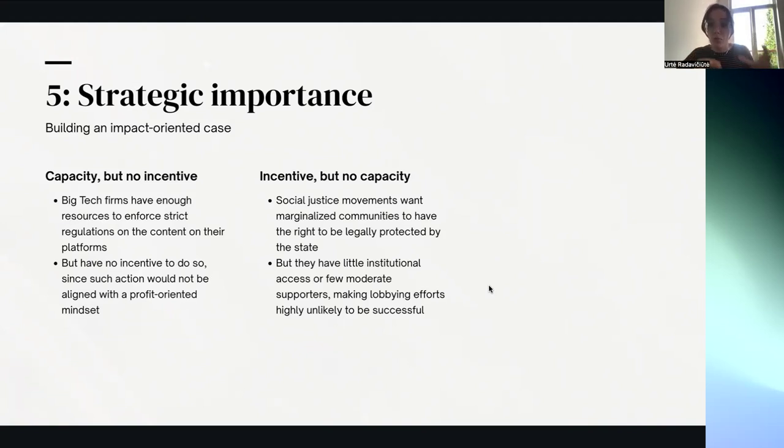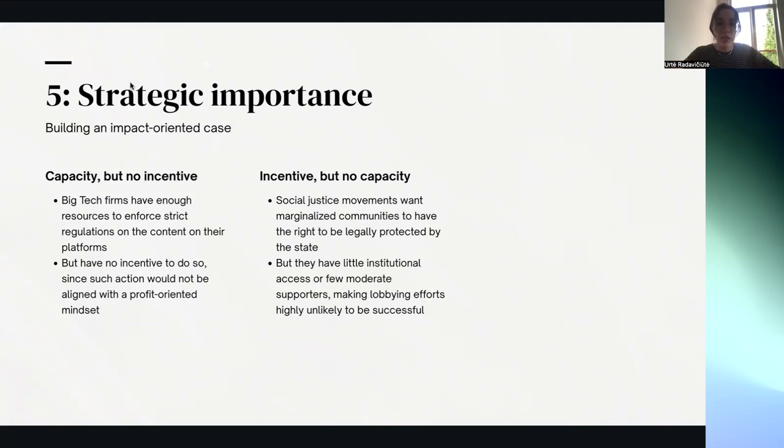But if you don't prove that they have the incentive to do so, you're not going to win the debate, since the most intuitive answer that your opponents could come up with is that such action would not be aligned with a profit-oriented mindset. They prove that the incentive is actually counter to the assumption that you're making the argument with. So therefore, cool, they have the capacity, but you don't have the argument in your pocket.